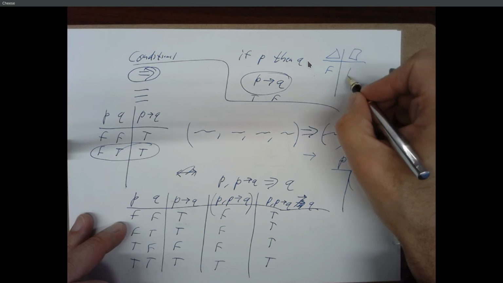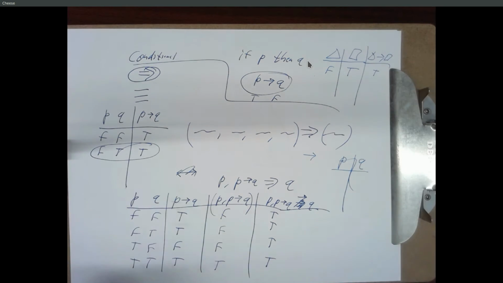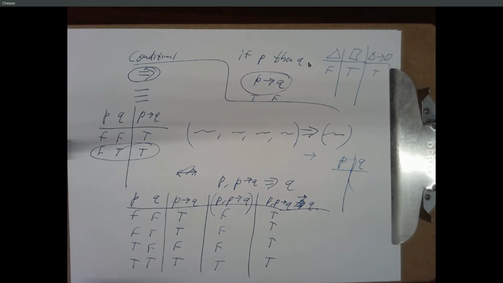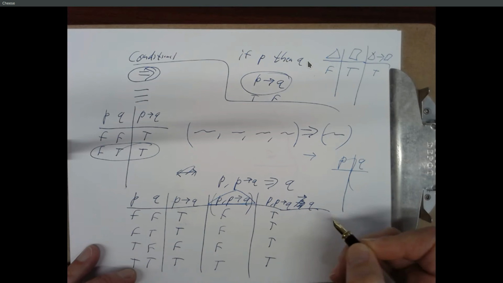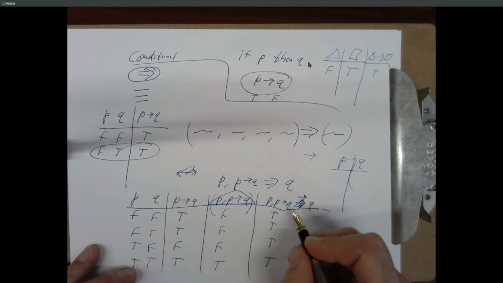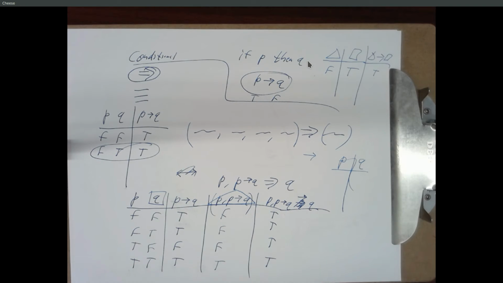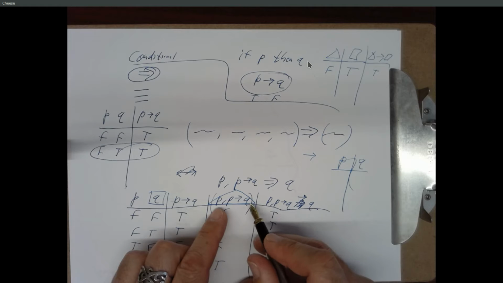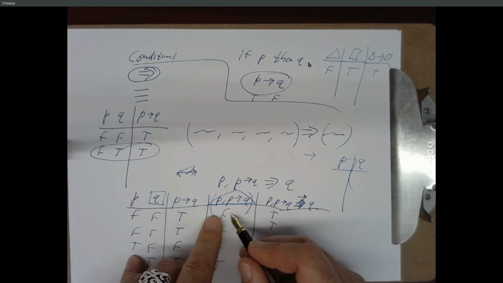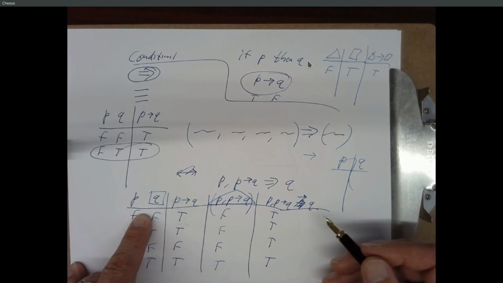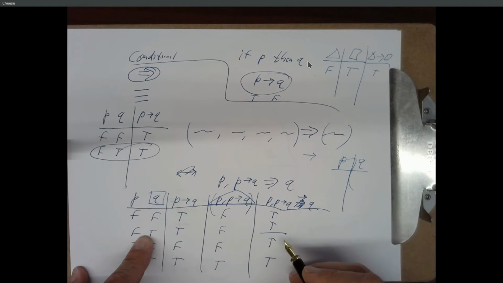If this is false and this is true, then triangle implies square is true, right? So this is my triangle, and this is my square. This column is saying P comma P implies Q implies Q. It's saying this column implies that column. So if this column is false and that column is true, then the implication is true.